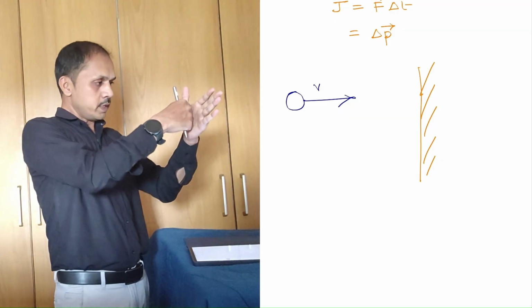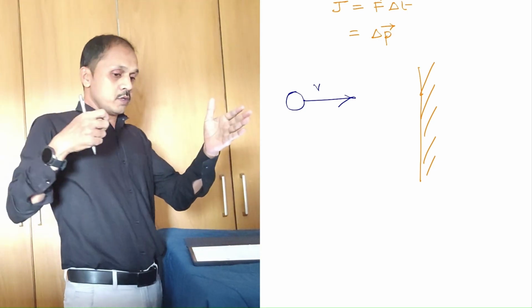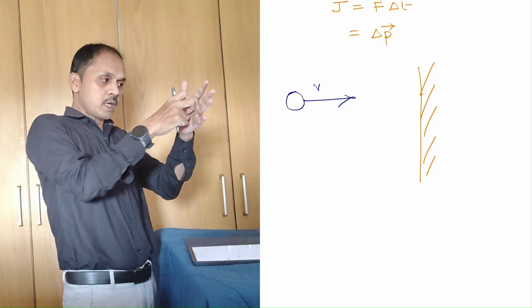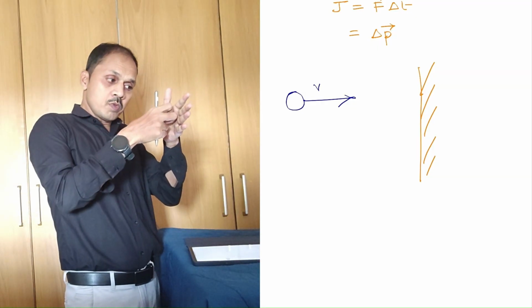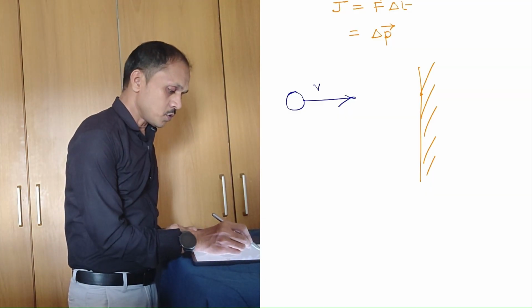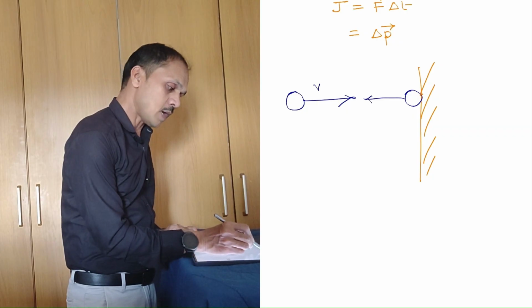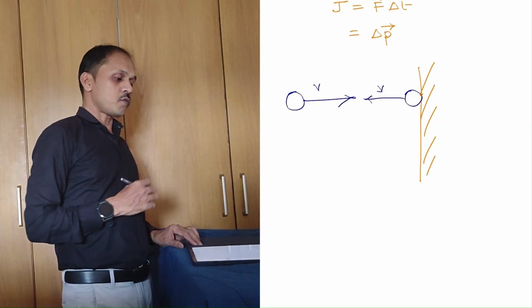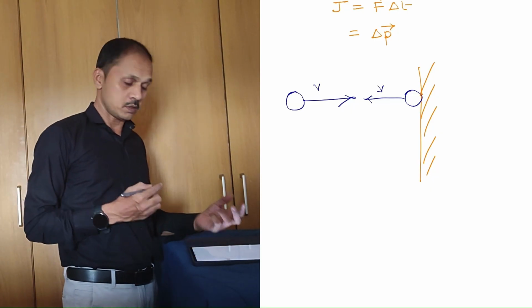After hitting the wall, it goes back along the same path. Assume like this. So it is hitting the wall and coming back in the same path, and again with the same speed. Now let us draw that. So hitting the wall and then coming back in the same direction and same speed. Now let us find out what is the change in momentum. In other words, what is the impulse here?